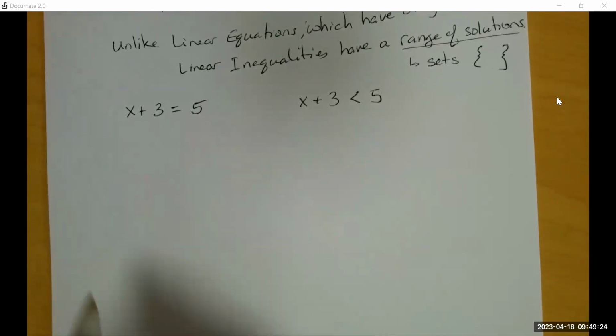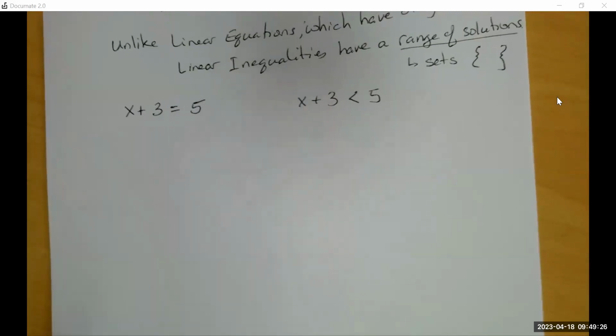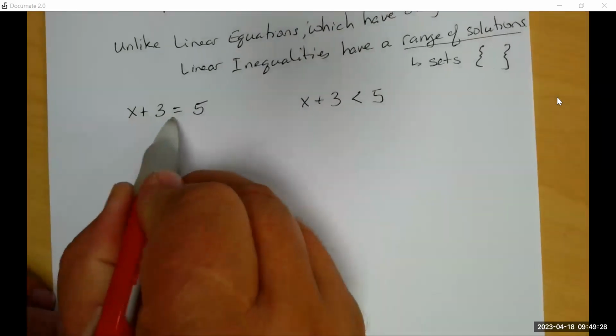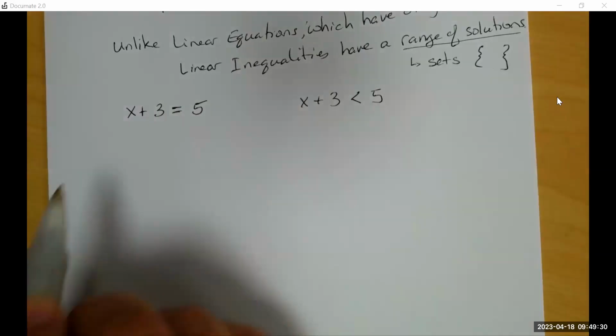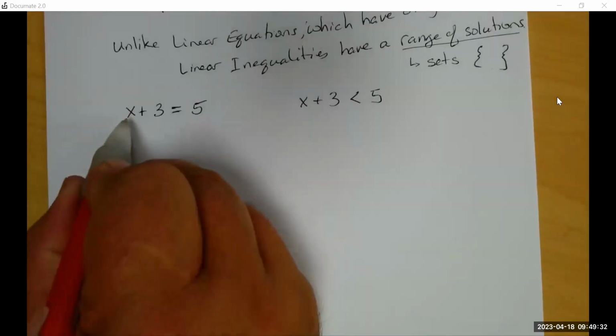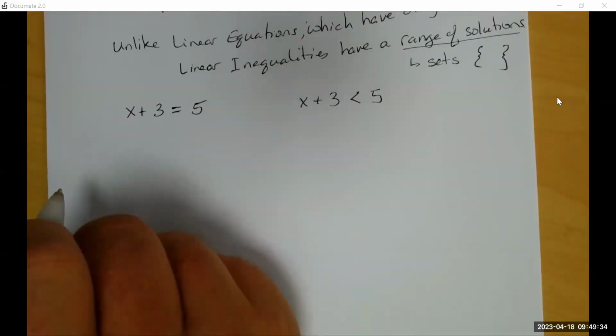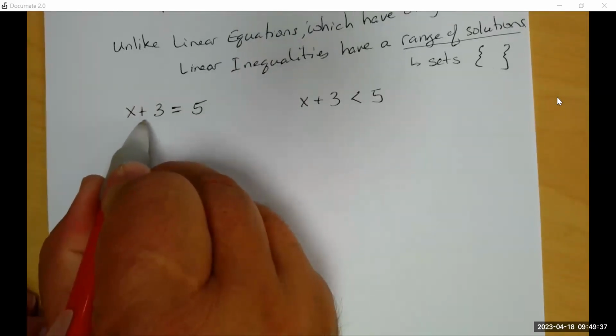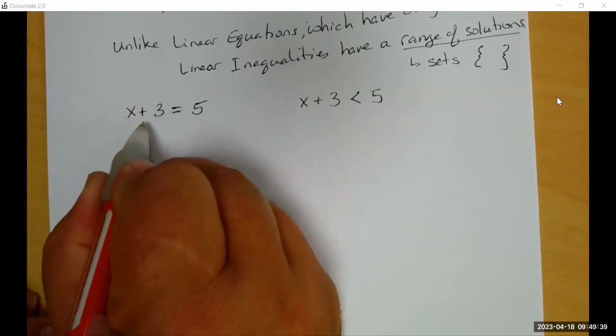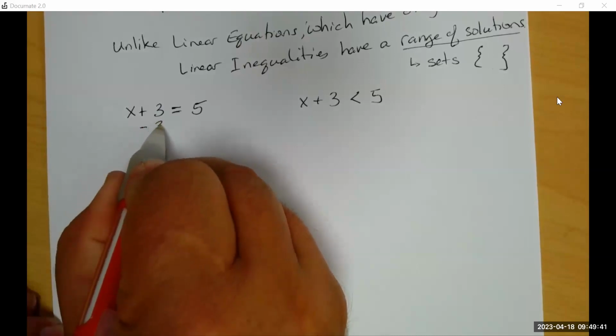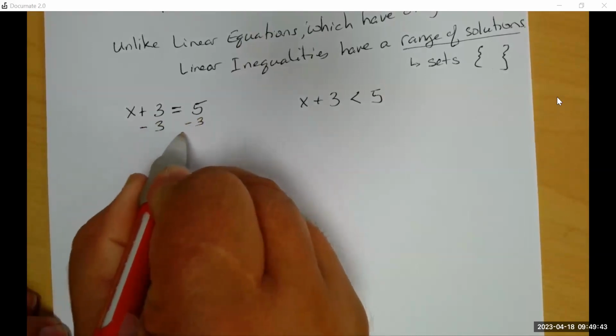Okay, so the first one. When you say solve, if it has an equal sign, that means you have to isolate the variable. So we have to get rid of the non-variables. How do you get rid of the +3? -3. It's a process of opposites.